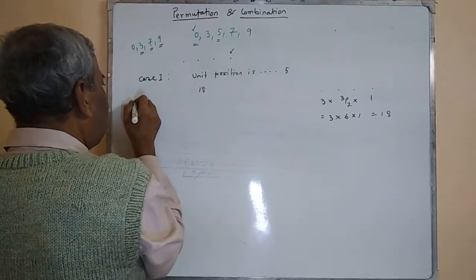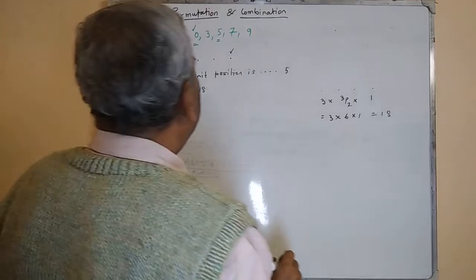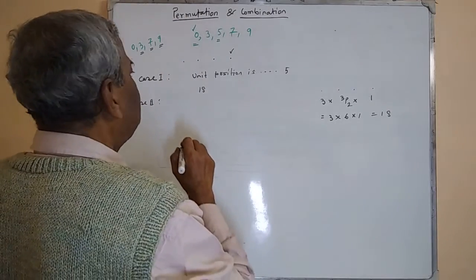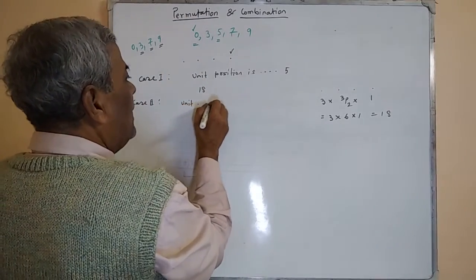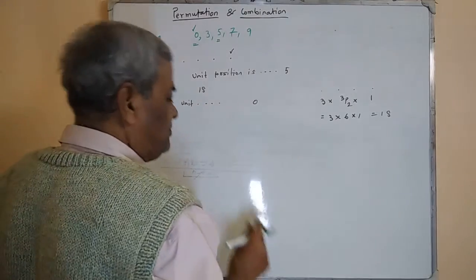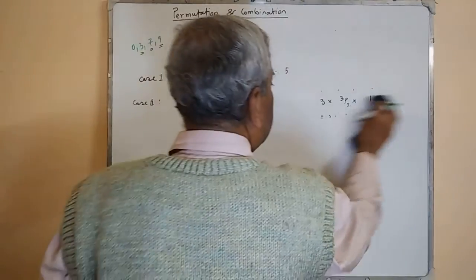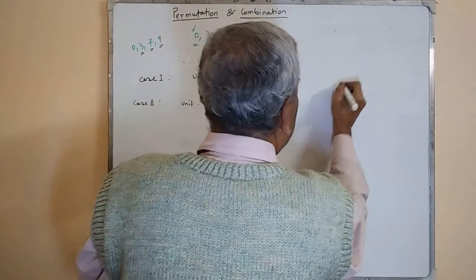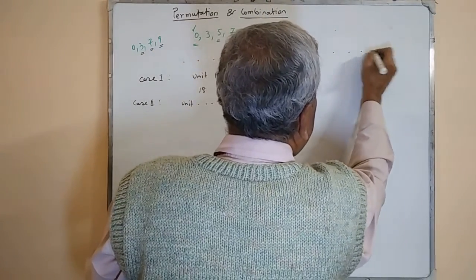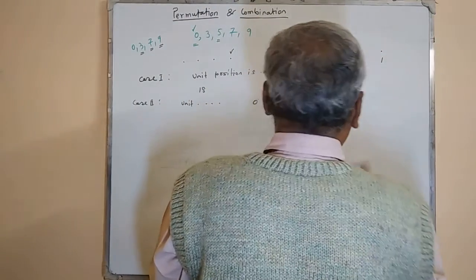Now case 2. The unit position is filled up by 0. So there are 4 positions, and the unit position is filled up by 0. That is one way.